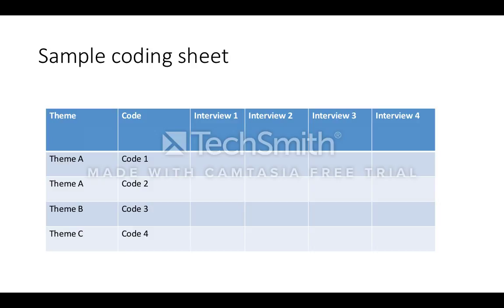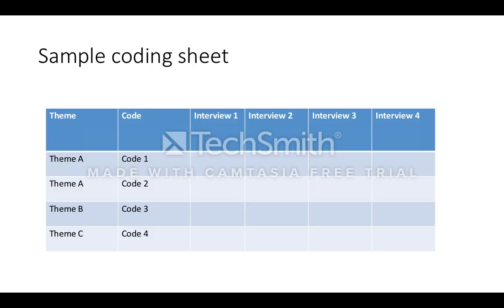So for example, codes 1 and 2 were reflective of theme A, and I'll fill in the theme afterwards as the codes are developed. Or if I'm doing content analysis, the themes may have already been developed. And then in each row, I will put quotes from the transcript that I've tagged with that code.